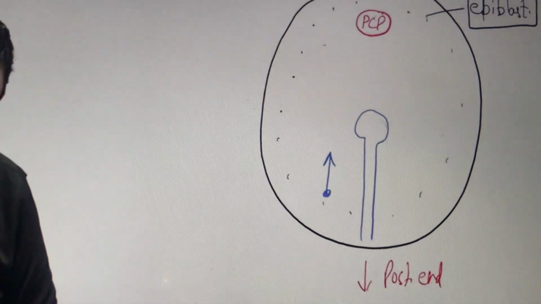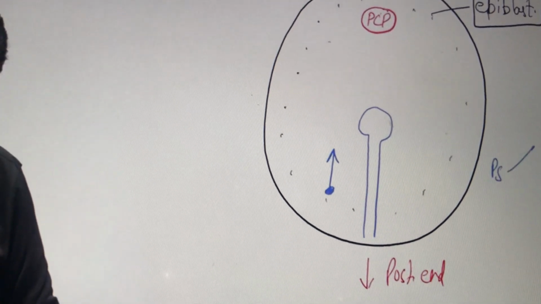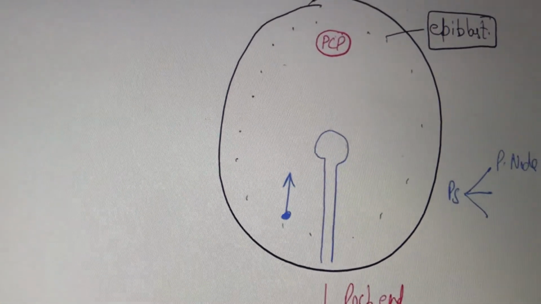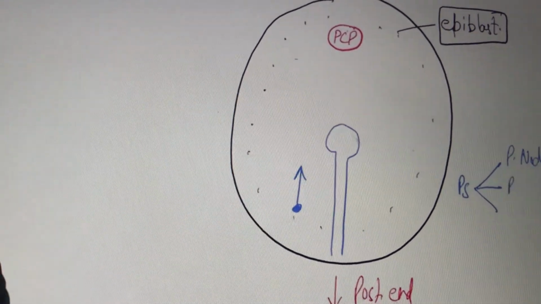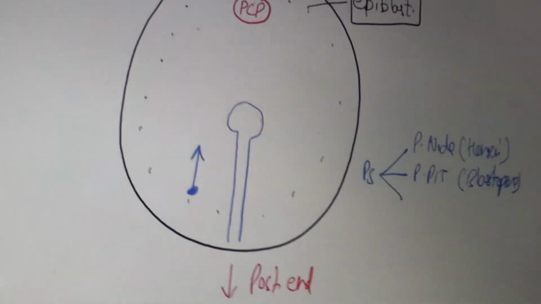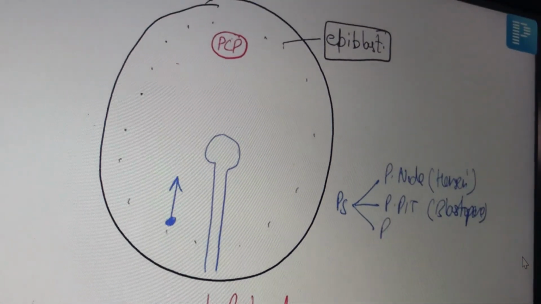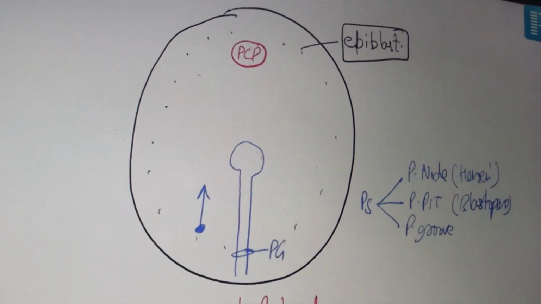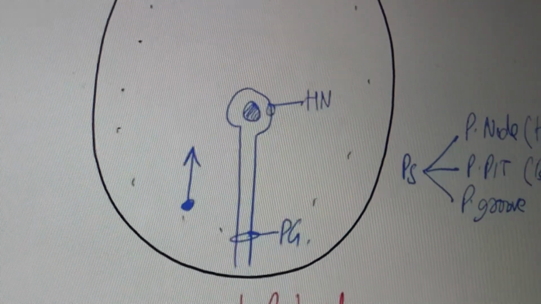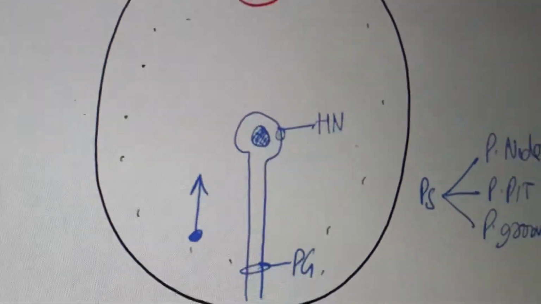The three components of the primitive streak are the primitive node, which is also called Hensen's node, and in that there is a primitive pit, also called the blastopore, and then there is a groove, the primitive groove. So here is the primitive groove, this is Hensen's node, and in Hensen's node we are seeing a pit which is also called the blastopore.